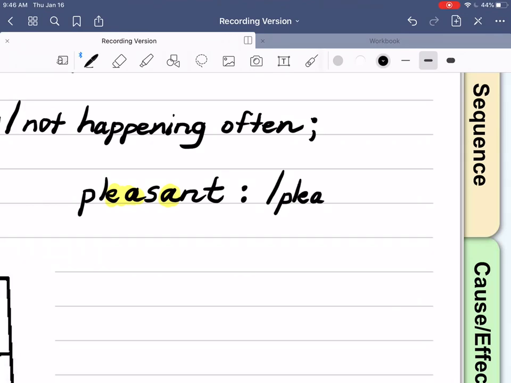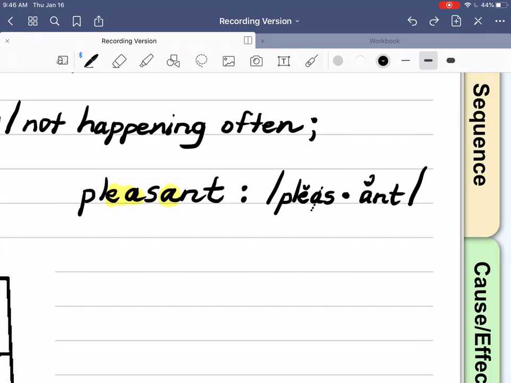Pleasant. When two vowels go walking, the first one does the talking, so you don't hear the A. And then this one almost has that schwa sound. Pleasant.